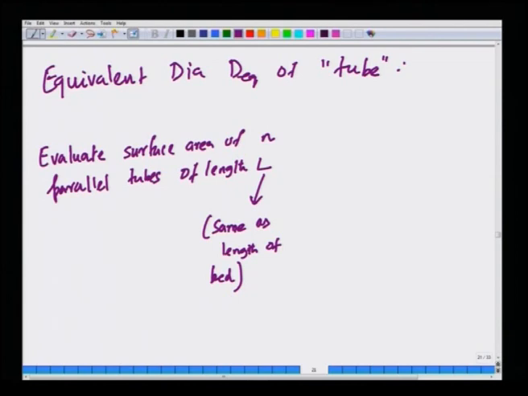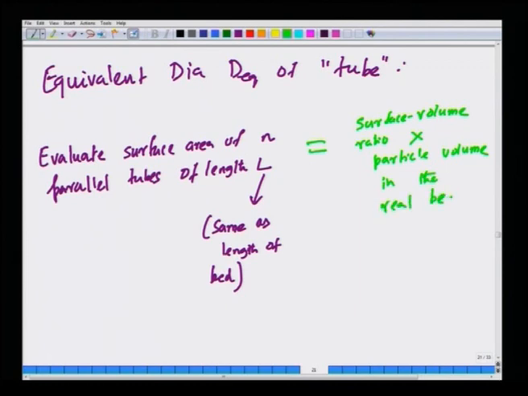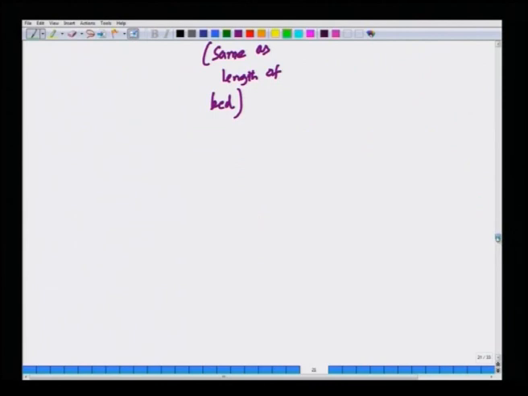Okay. So, first we evaluate this and then we equate this to the surface to volume ratio times the particle volume in the actual bed, in the real packed bed. Okay. So, this is simple to calculate.